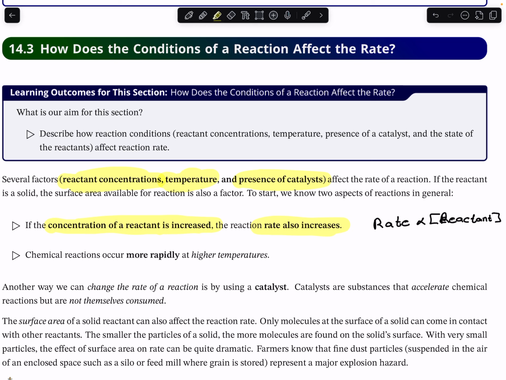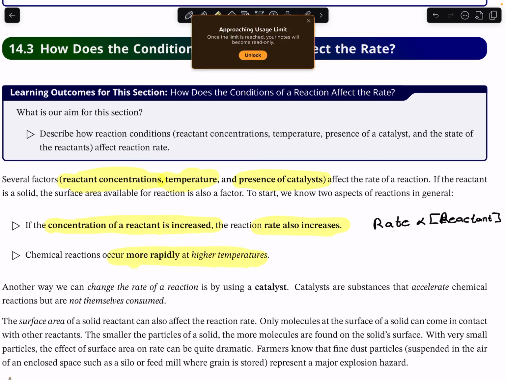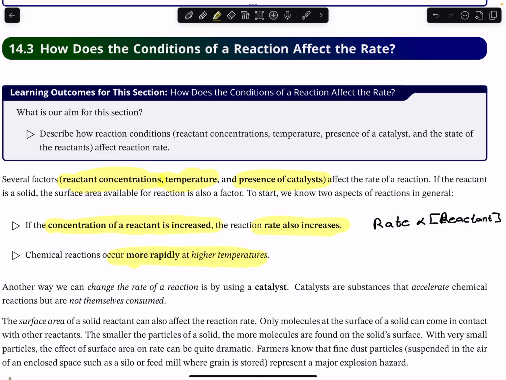Increasing the temperature will also allow reactions to occur more rapidly. So if we think about that, we need molecules to have a high average kinetic energy to actually react. That's a point we'll look at in detail later, but it means that they actually need to collide with one another.